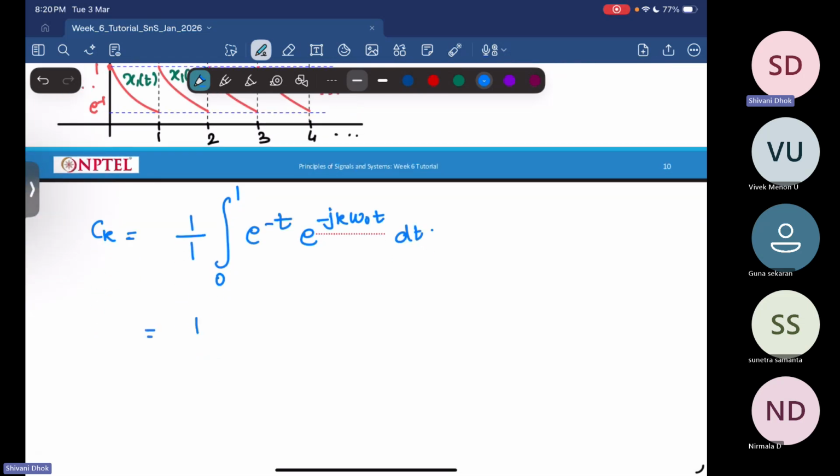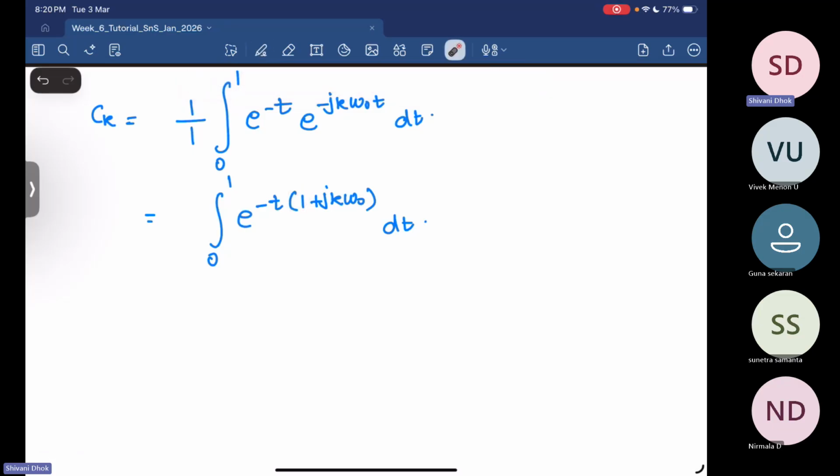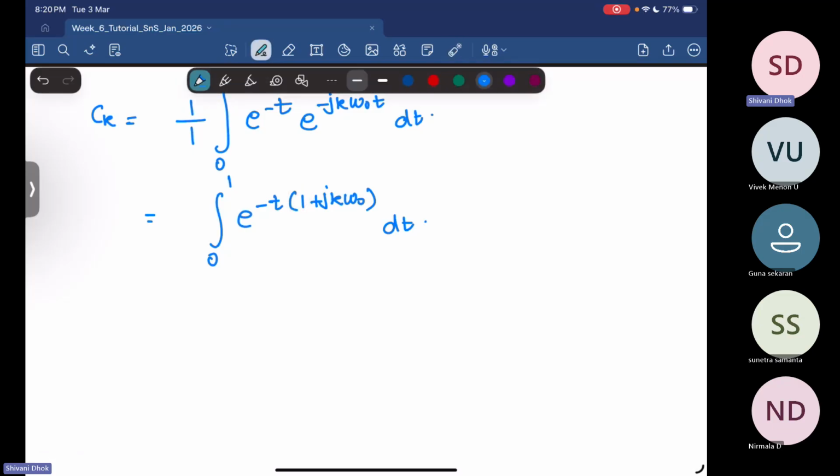So this is equal to integral 0 to 1 of e power minus t into 1 plus jk omega naught, dt. The real part of this quantity is 1, but anyway it doesn't matter, it is a finite integral. So this is equal to e power minus t into 1 plus jk omega naught upon minus 1 plus jk omega naught, from 0 to 1.